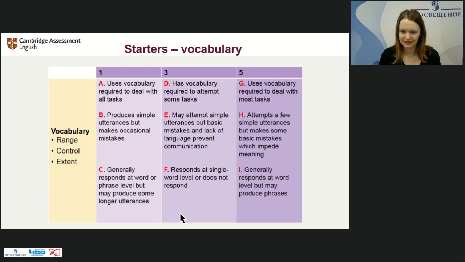Okay. Vocab, DGA. Well, they are all about vocabulary, but some of them are descriptors for 1 point, some of them for 3, and some of them for 5. And you're a bit confused as far as I see. So let's have a look at the answers.